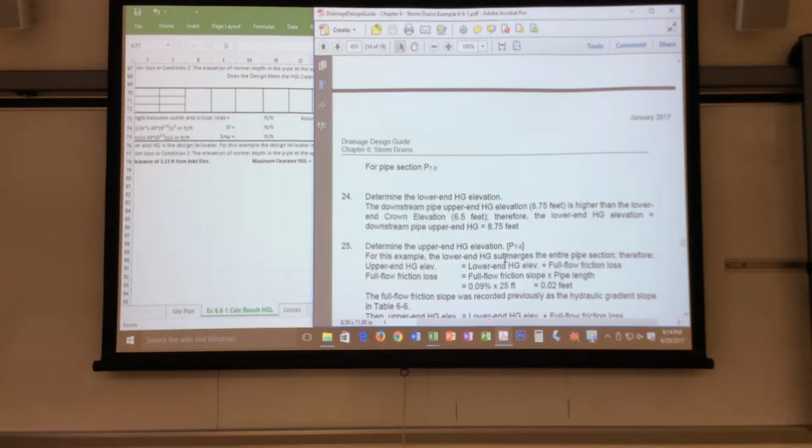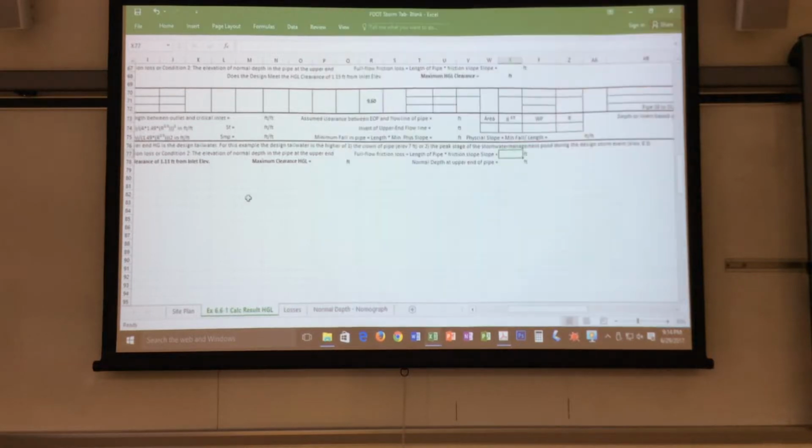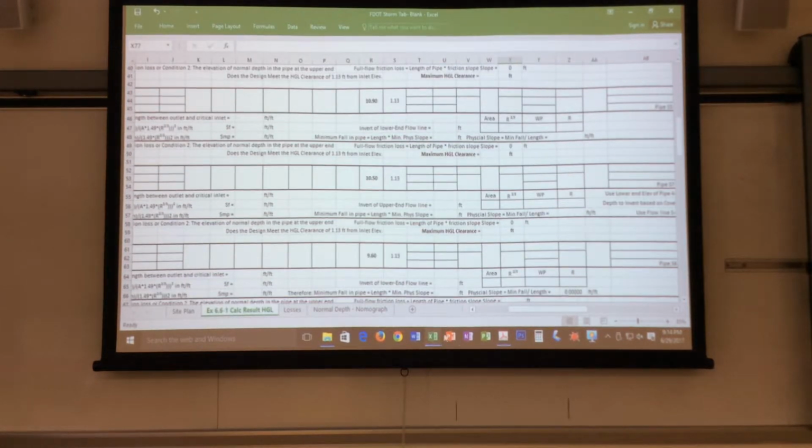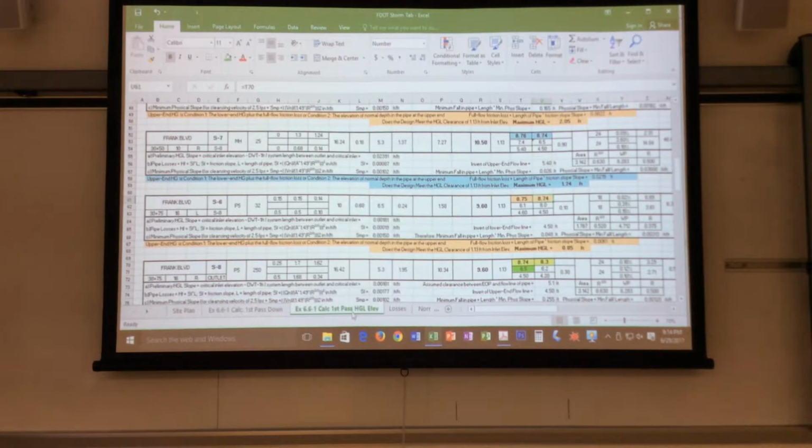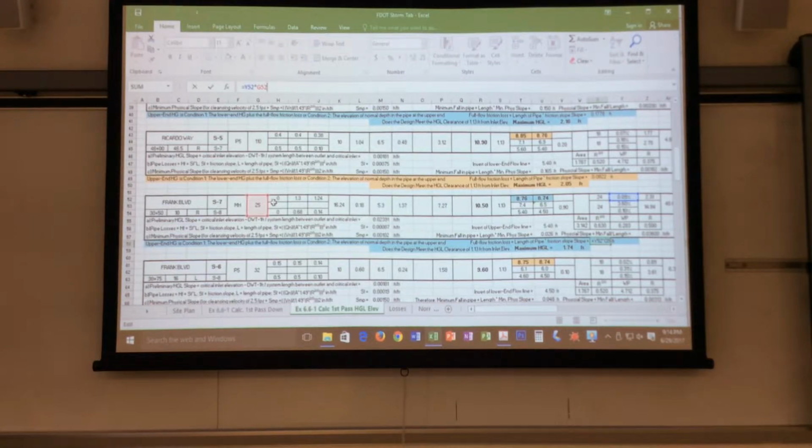if you look at this pipe, so I'm looking at P7 to P8. Let me switch. I'm going to close this one out. P7 to P8. So I've got the 8.74, and I've got the friction slope flowing full, and it's got my length times my friction slope.